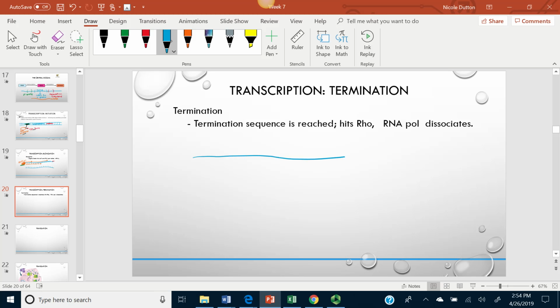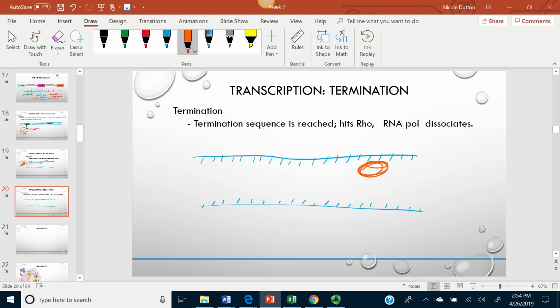So if we look at our open DNA, RNA polymerase is now at the end here. We have made our messenger RNA copy.